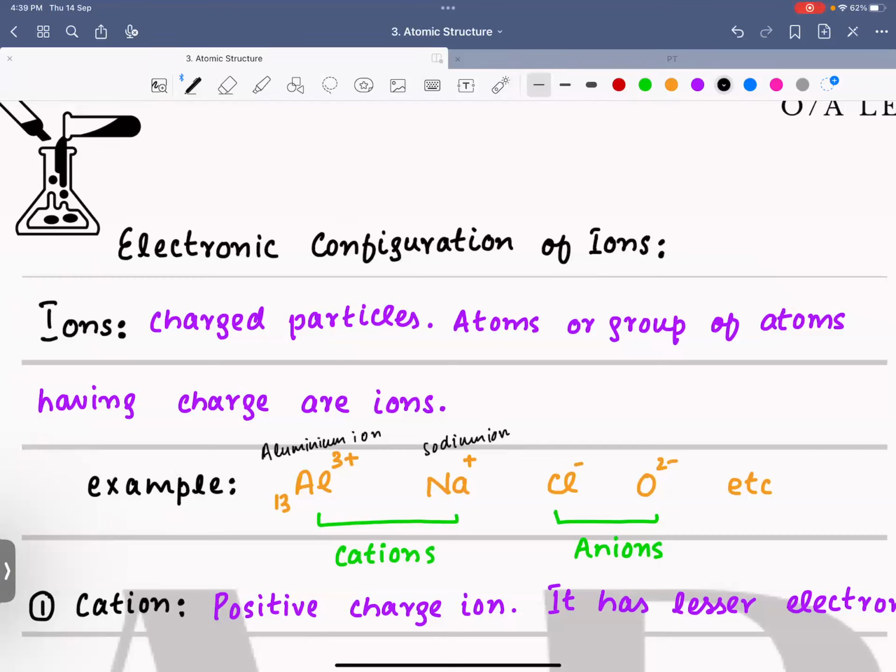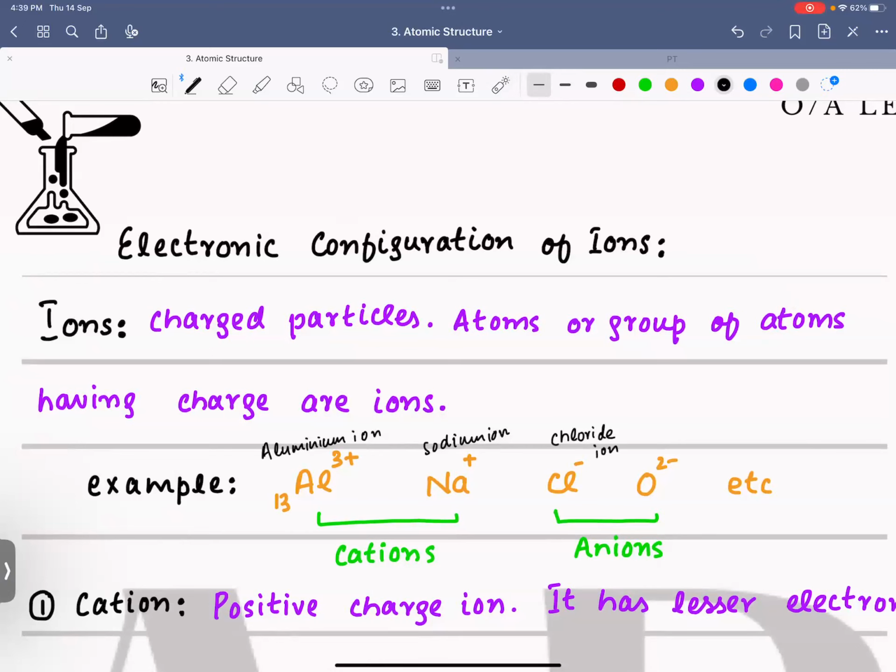For negative ions, we cannot name them as a chlorine ion or oxygen ion. So what is the difference when the atom becomes a negative ion? Then the suffix of the name is changed to -ide. Now we cannot say chlorine ion. We will call it chloride ion.